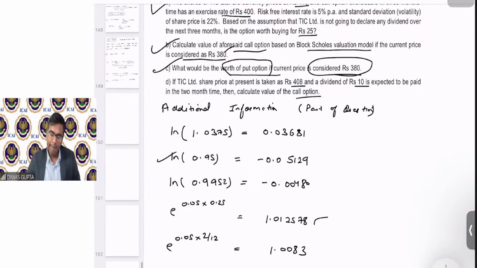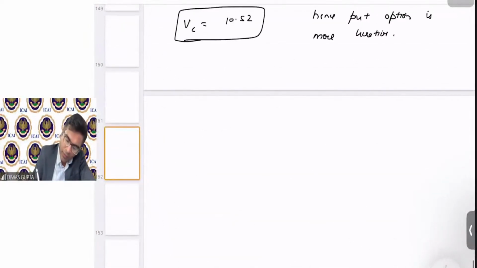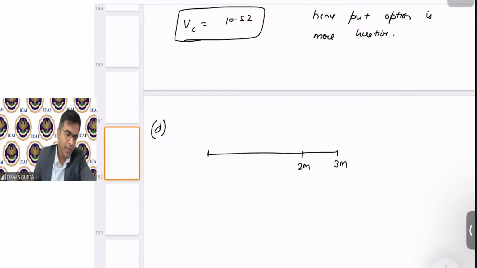Let's see. Now let's come to D part. This is 2 months. This is 3 months. This is 0th day. So there is a dividend after 2 months, right?